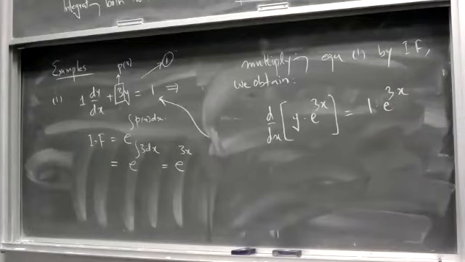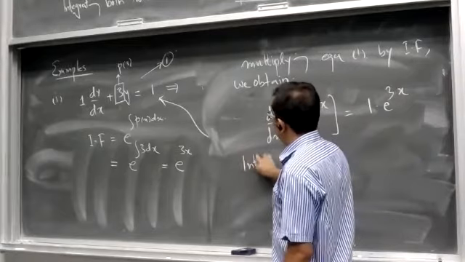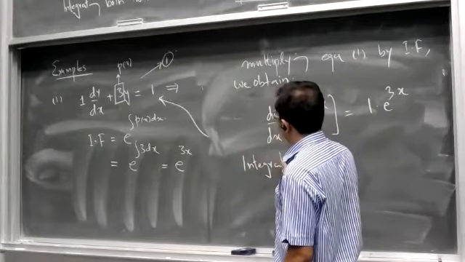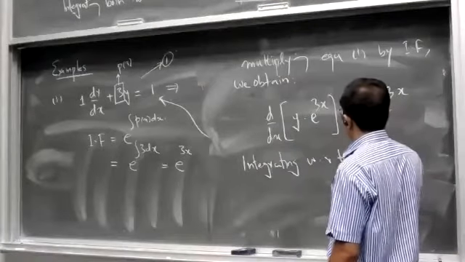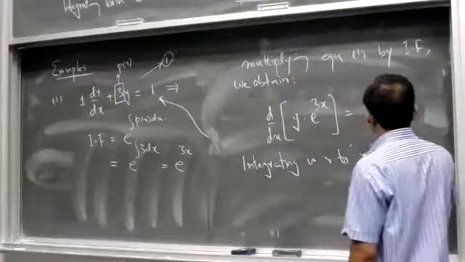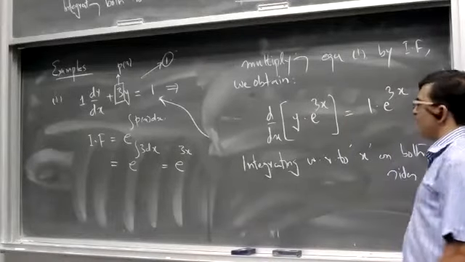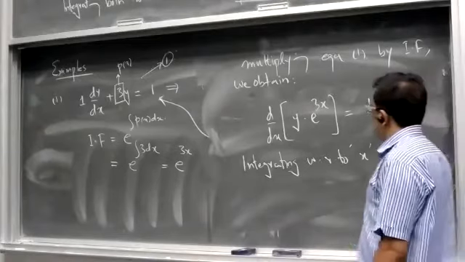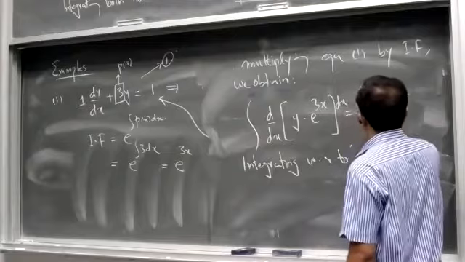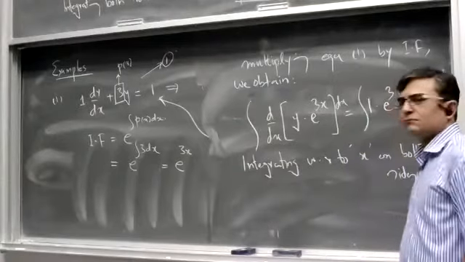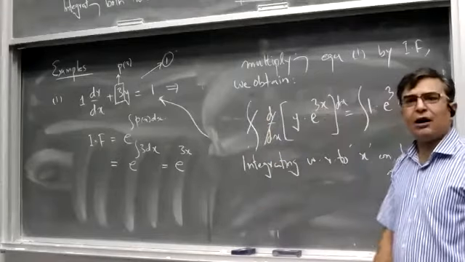We multiply the integrating factor on both sides. Now integrating with respect to x on both sides, this derivative and integral will cancel out.